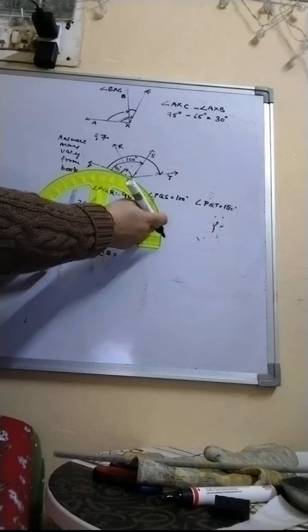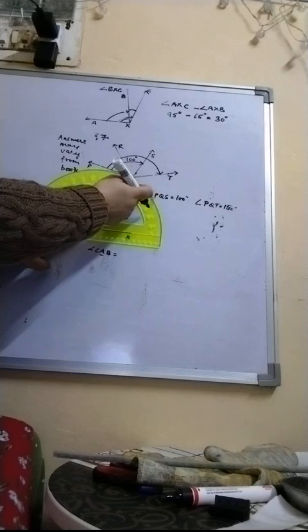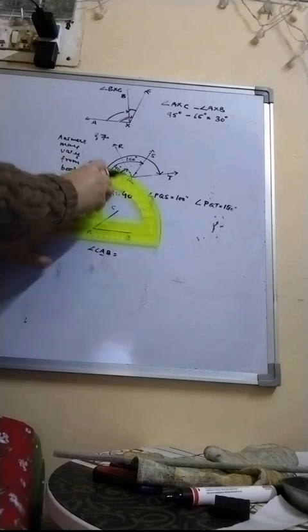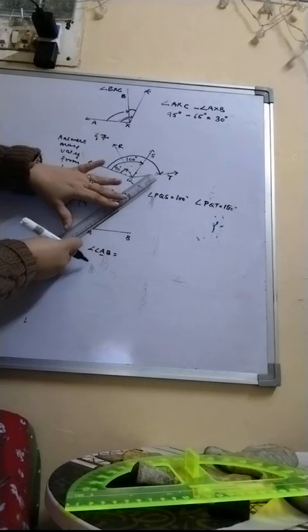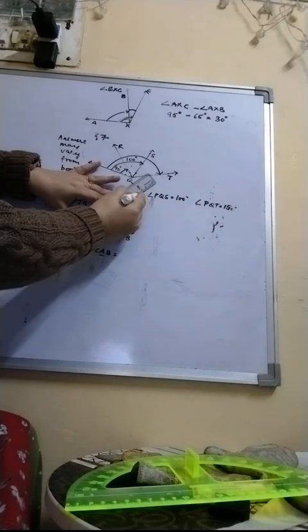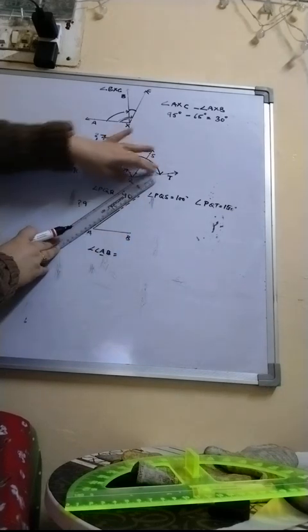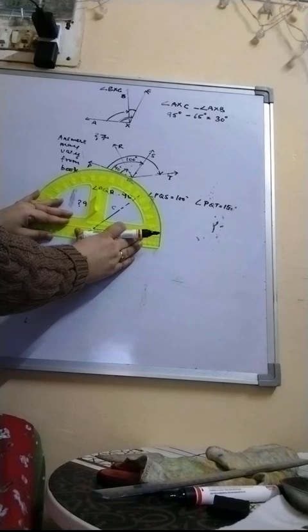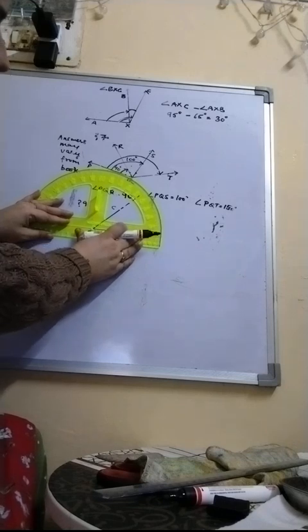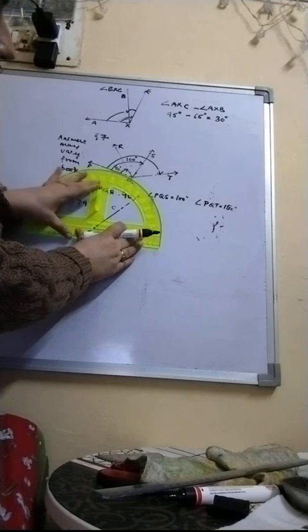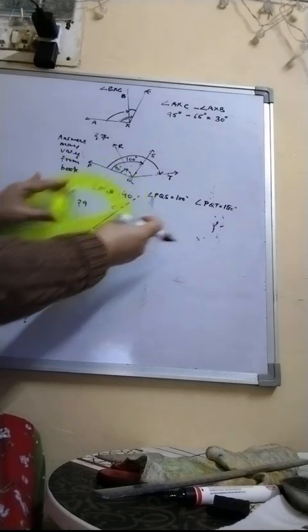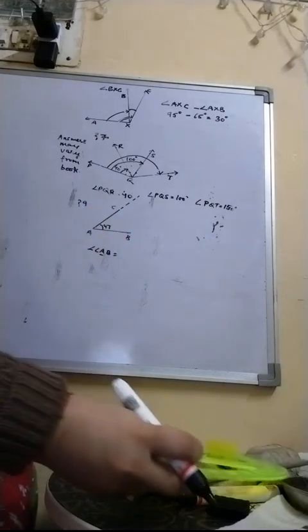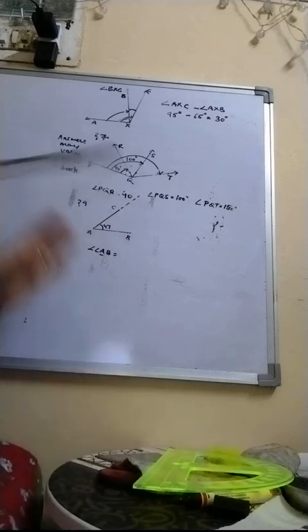So you would get 10, 20, 30, 40 and it is around 40. Let me increase this. So it is around 47. Then what you have to do is join BC.